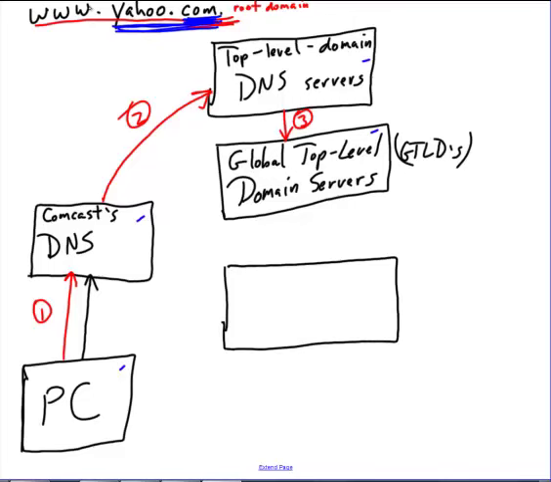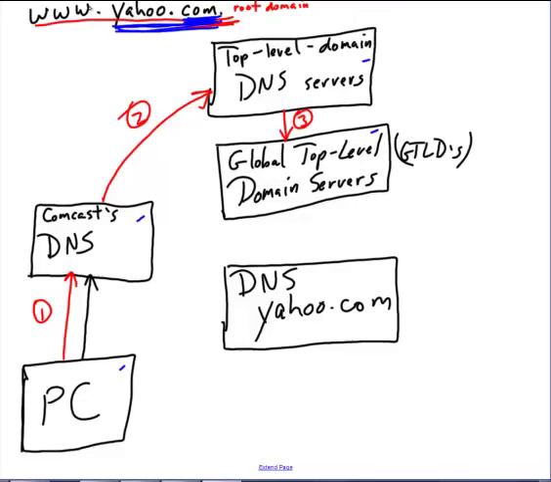The global top-level domain servers are going to point us at a DNS that is authoritative for yahoo.com addresses, or for yahoo.com host names. Typically, or at least in the simplest case, this is a domain name system server that yahoo.com owns and operates on its own.